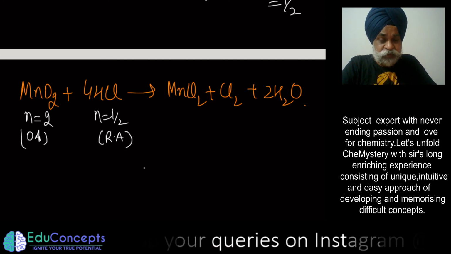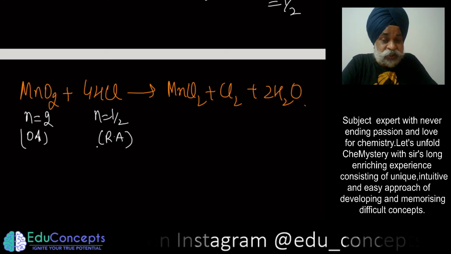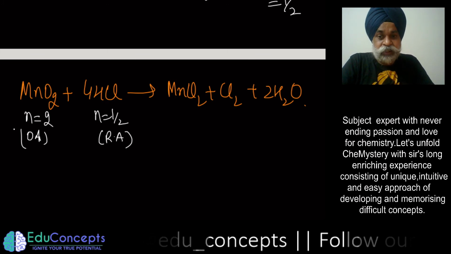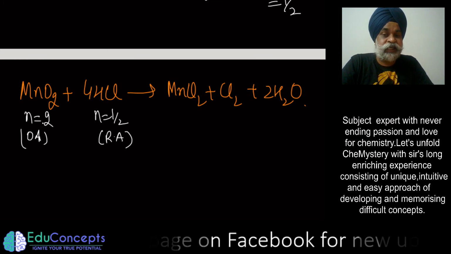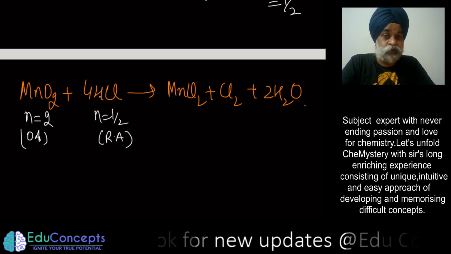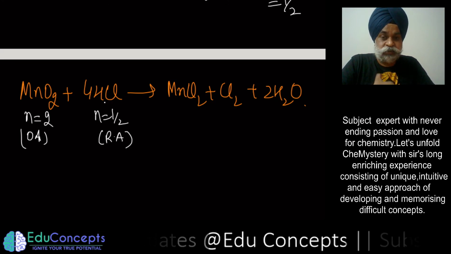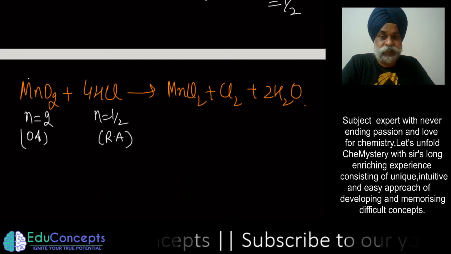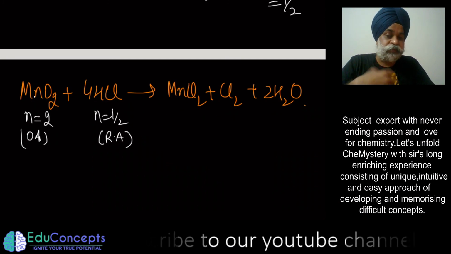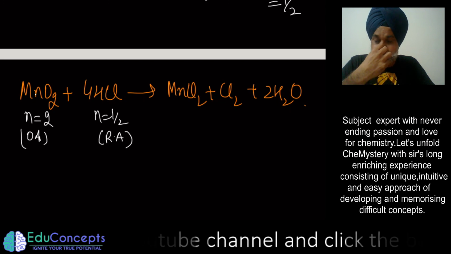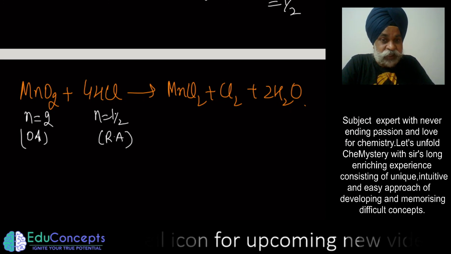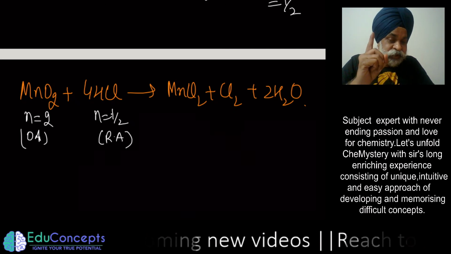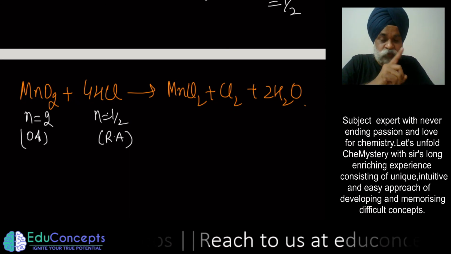Now another thing which you could engage here is, what actually do I mean by it? That the n factor of MnO2 is 2, that means it has gained 2 electrons, and 4HCl has lost how many electrons? If it is gaining 2 electrons, somebody is losing 2 electrons. So 1 mole of HCl is losing half mole of electrons.